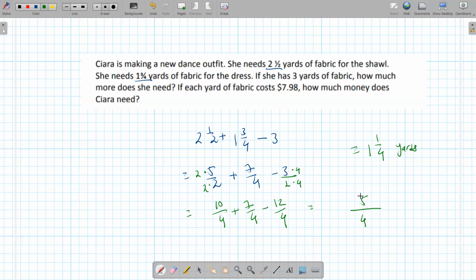Okay. The next part: if each yard costs $7.98, how much money does she need?